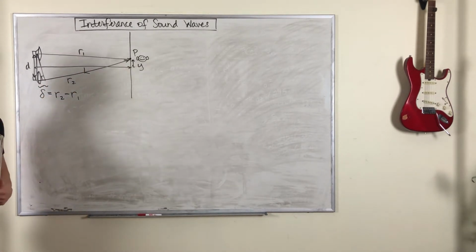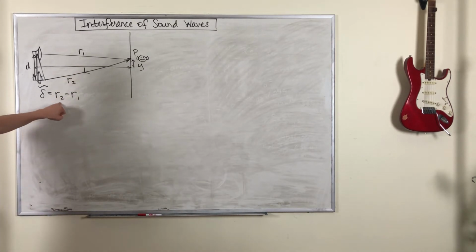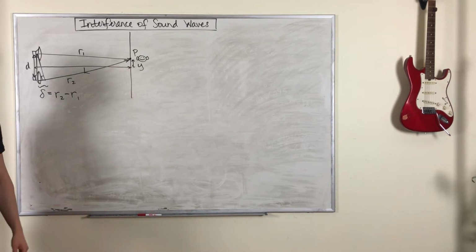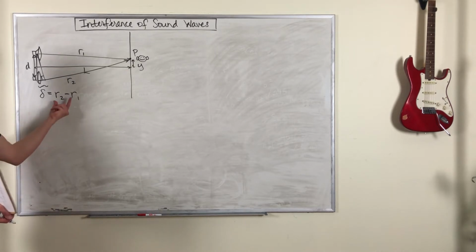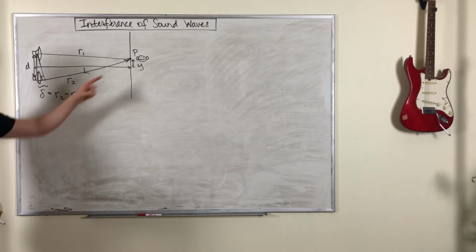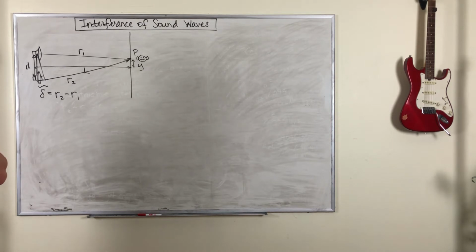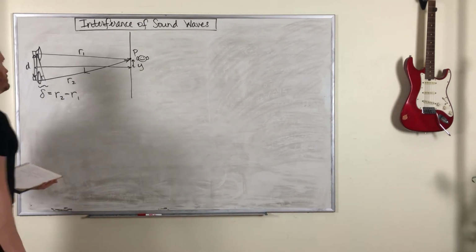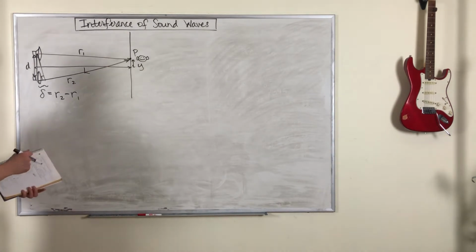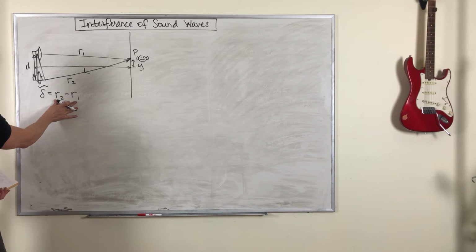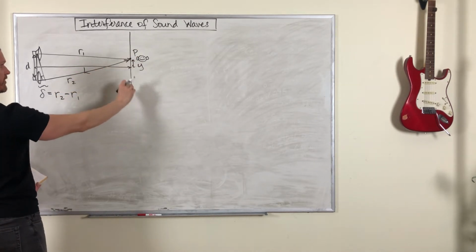And as we just discussed, if this distance is an integer number of wavelengths, the listener receives constructive interference. The listener hears a loud sound. If this distance is a half integer number of wavelengths, the listener experiences destructive interference and gets a very quiet sound. So let's do some geometry to figure out how this path length difference depends on the listener's position.